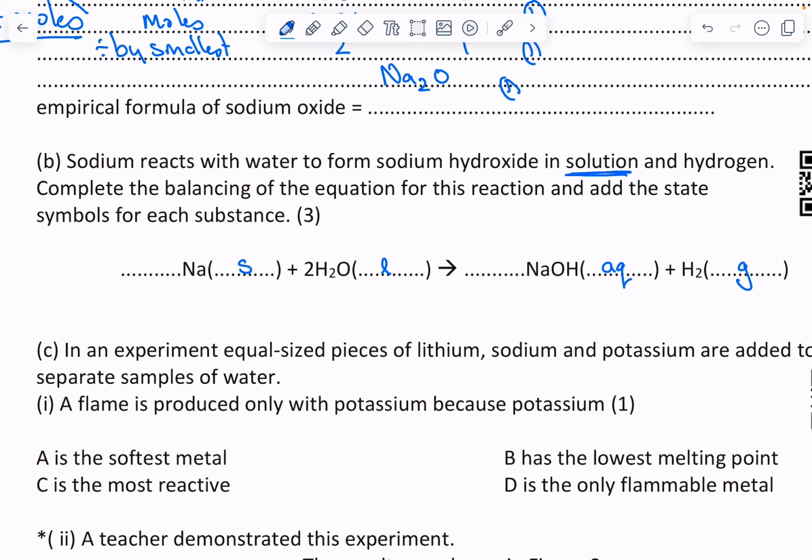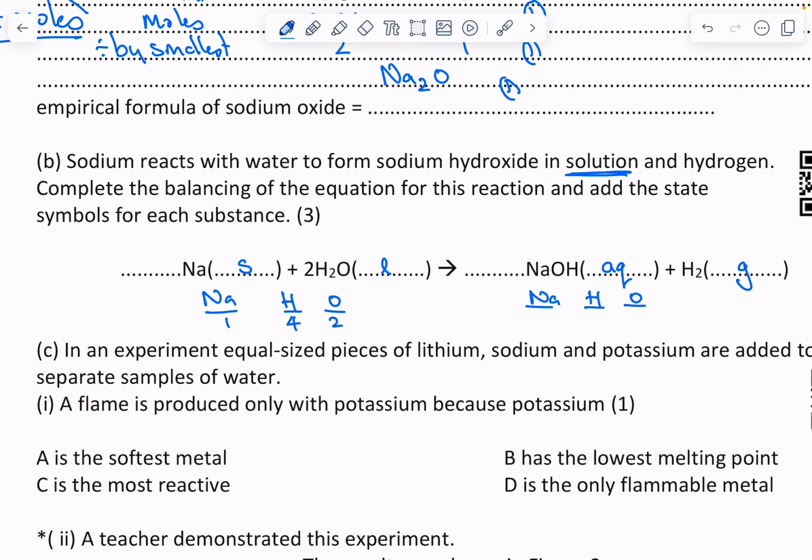Now let's just balance this. I'm going to use a method to balance this. I'm going to write down the elements involved in each half of the equation. So on this side here, I'm going to now count these up. I've got 1 sodium, I've got myself 4 hydrogens and 2 oxygens.